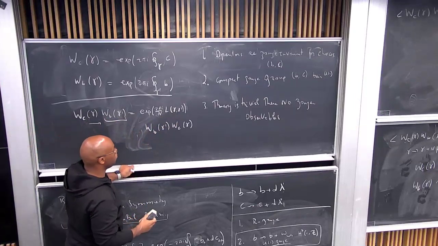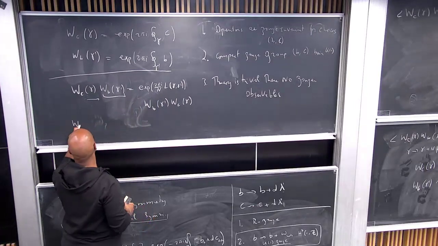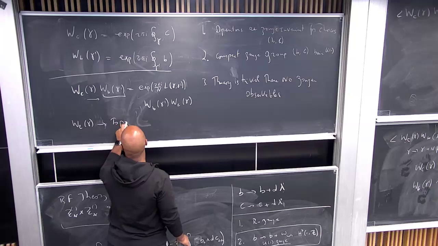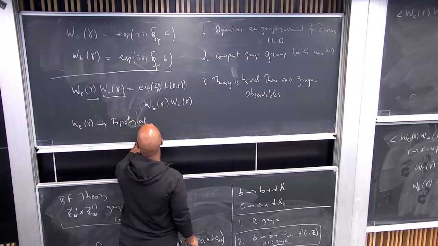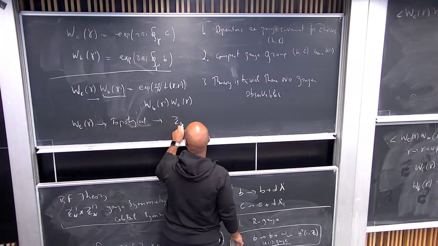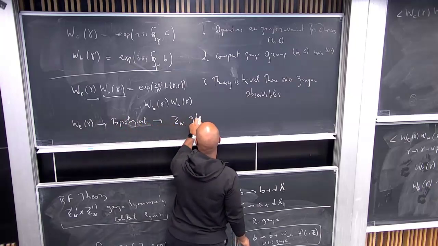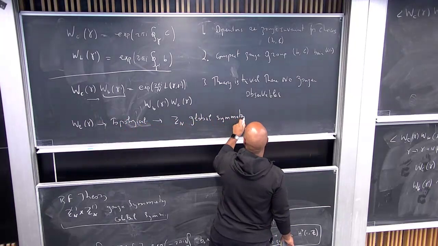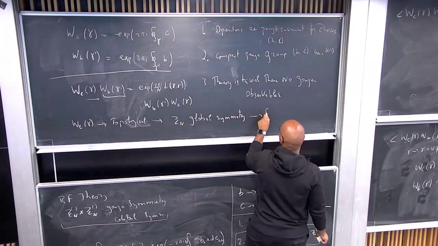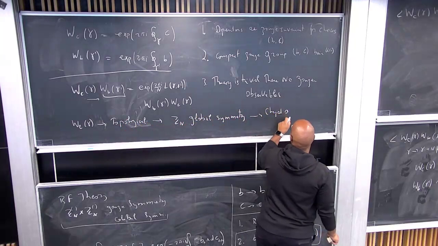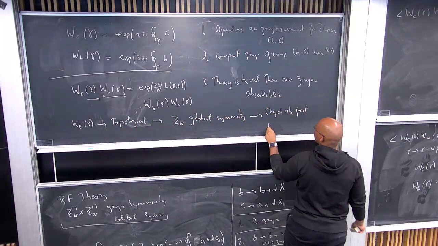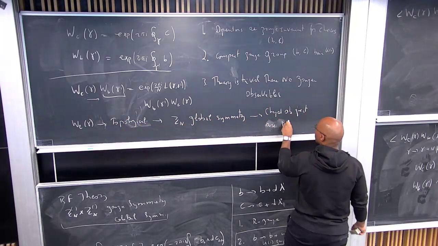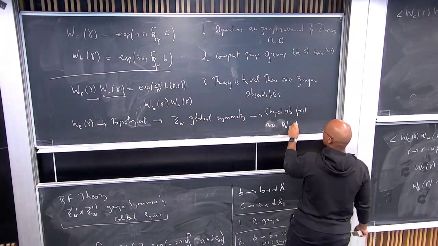So from this perspective, what it tells you is that WC, the operator WC, is a topological operator that generates a Zn global symmetry, where the charged objects are the curves WB of gamma.